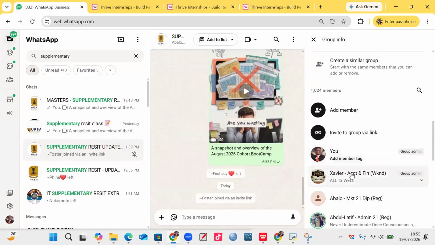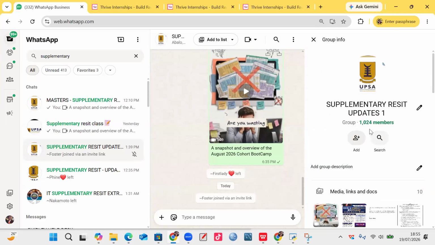And this is my guy, he has completed school. Apart from the two of us, the 1,022 students who are all in the group have all completed school 4 years ago, 5 years ago, 3 years ago, 2 years ago, last year, but they don't have certificates, because they have resits from level 100. Some are writing statistics, economics, management, logic, scholarly writing, plenty of them.